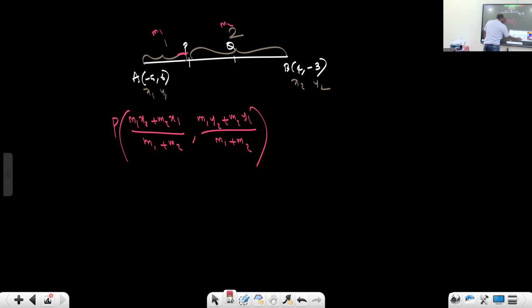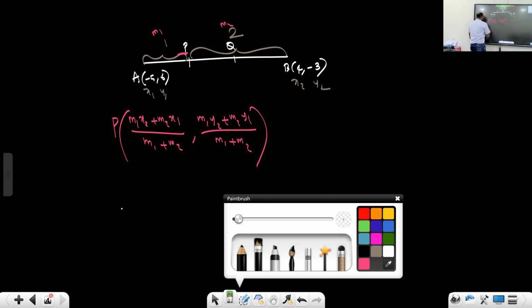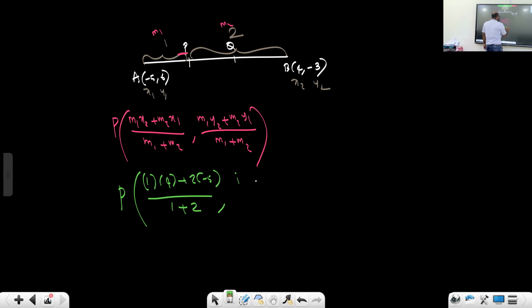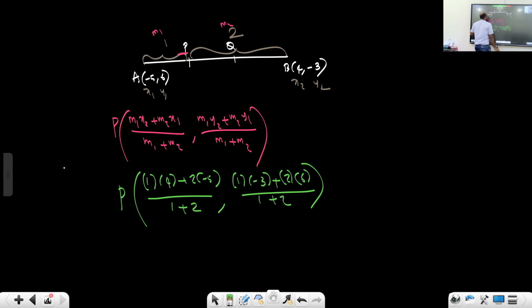So, P is (1 into 4 plus 2 into -5) by (1 plus 2), (1 into -3 plus 2 into 6) by (1 plus 2). Simplify.